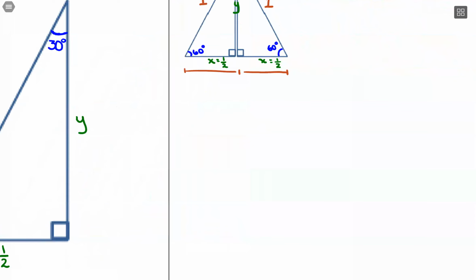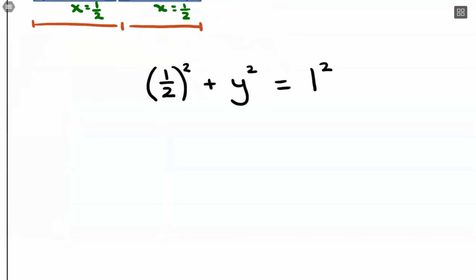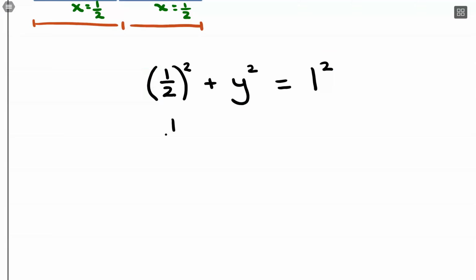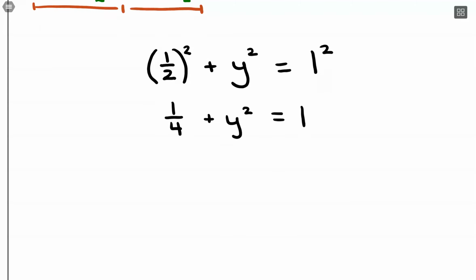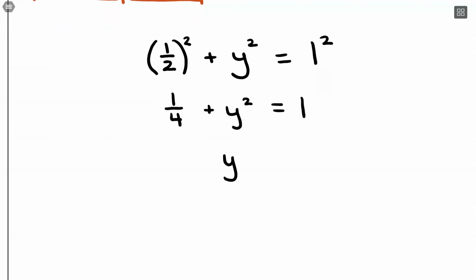So we're going to have leg of 1/2 squared plus leg of y squared equals the hypotenuse squared. 1/2 squared is equal to 1/4. This is just y squared, and 1 squared is equal to 1. I'm going to subtract 1/4 from both sides. 1 minus 1/4 is 3/4.